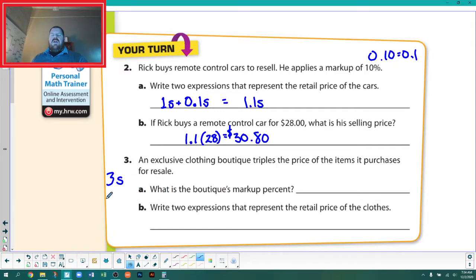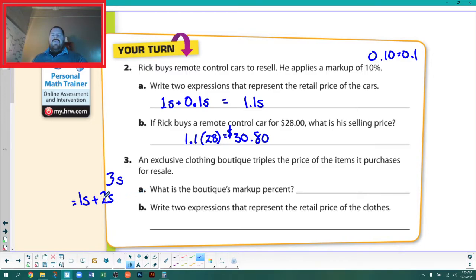Okay, but where does that come from? In terms of this, it comes from my sale price, 1s plus, well, 1 plus what gives me 3? That would be 2s.